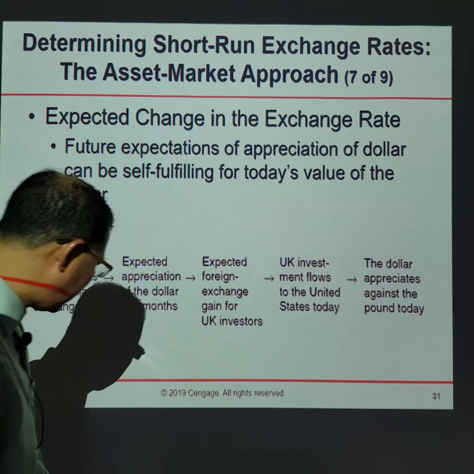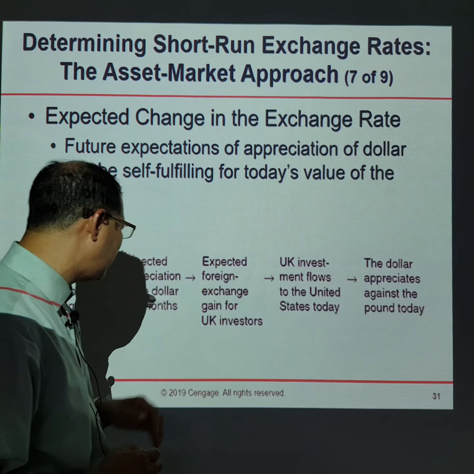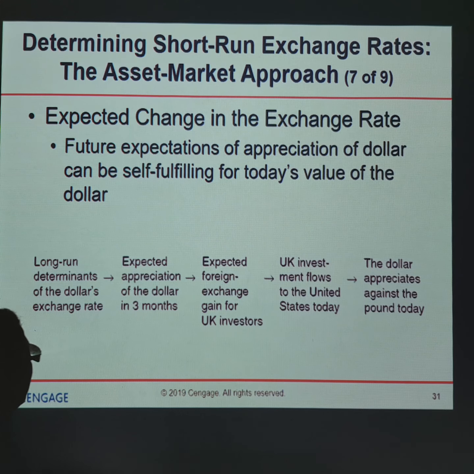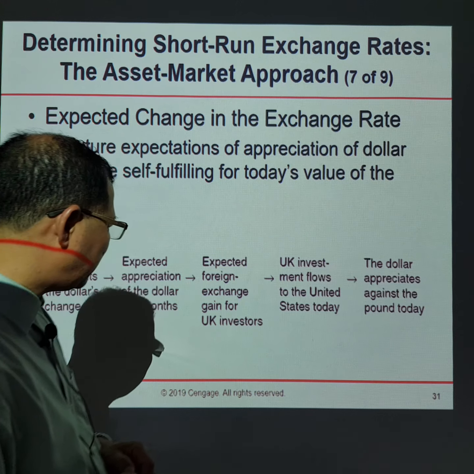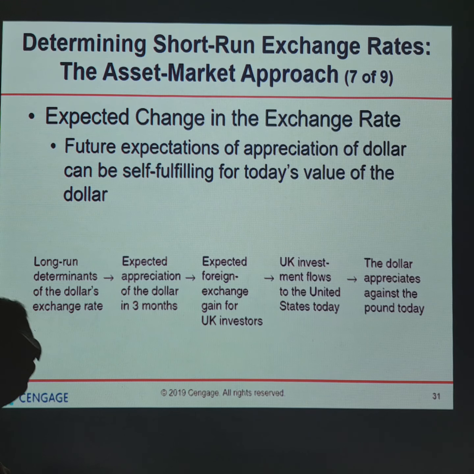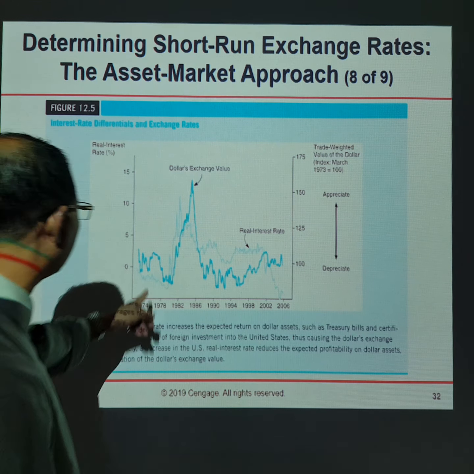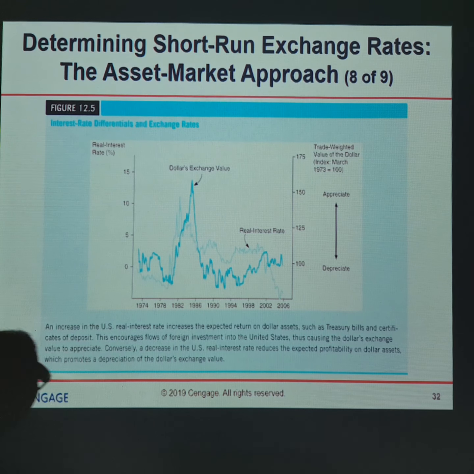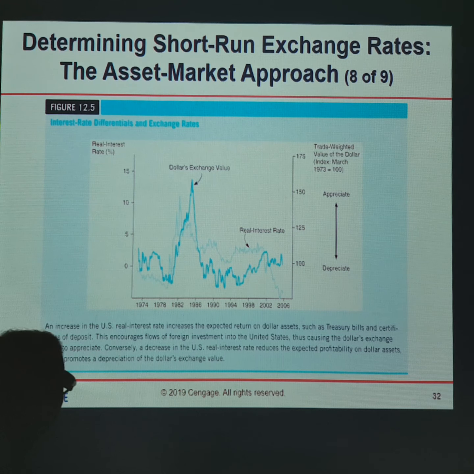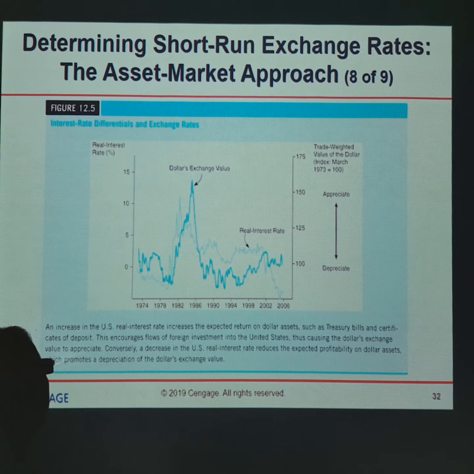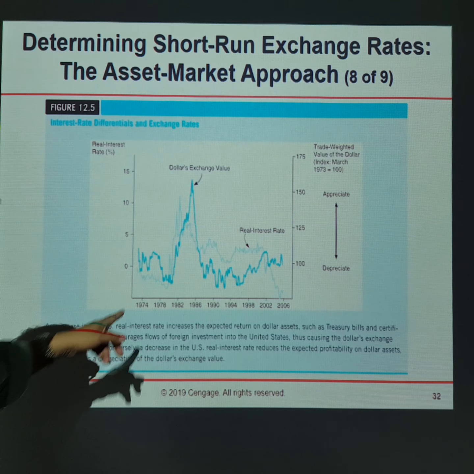So there is an expected foreign exchange gain for UK investors, so UK investment flows to the US and the dollar appreciates. Here we can see it in the graph. The dollar exchange value follows that of the real interest rate, basically.